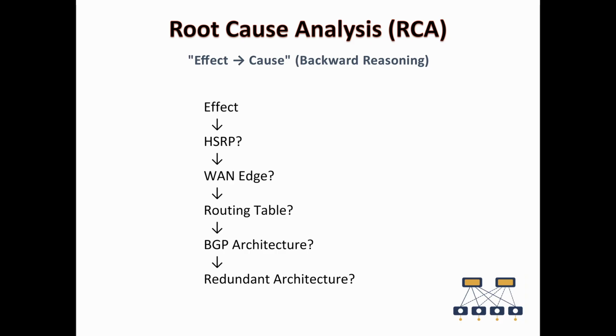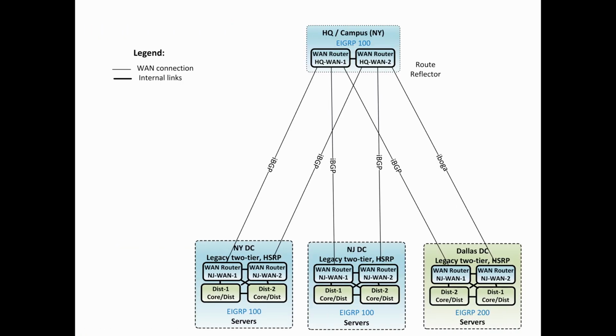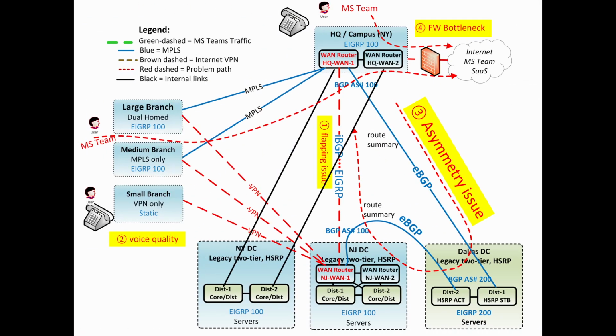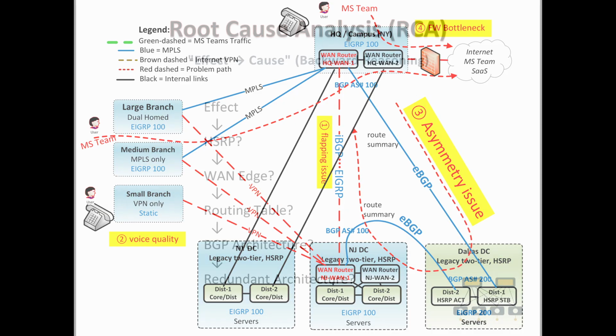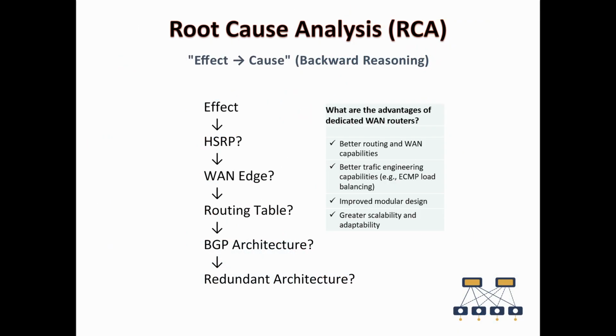Let's take a look. Is the lack of a dedicated WAN router the root cause? Normally, WAN circuits terminate on dedicated WAN edge routers. But the existing network is connecting to the core or distribution switch directly. What are the advantages of dedicated WAN routers?